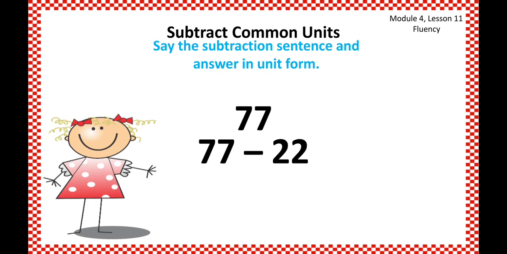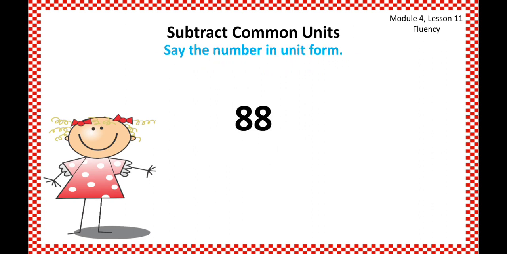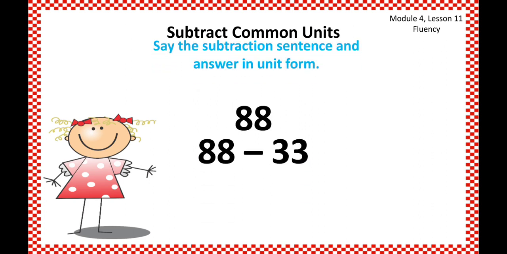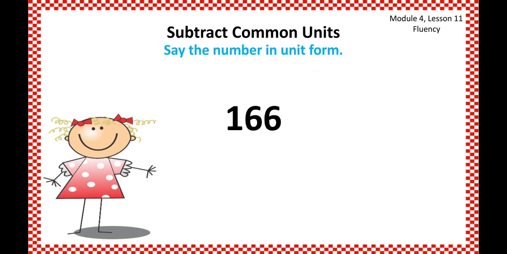So let's say 55 in unit form. 55 in unit form is 5 tens and 5 ones. The same thing with this. 88 minus 33 is 55. Say 55 in unit form. 55 in unit form is 5 tens and 5 ones.